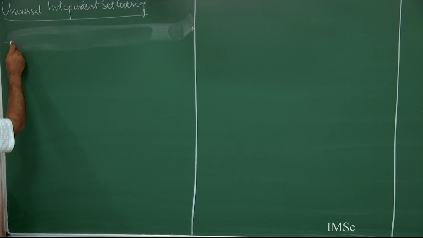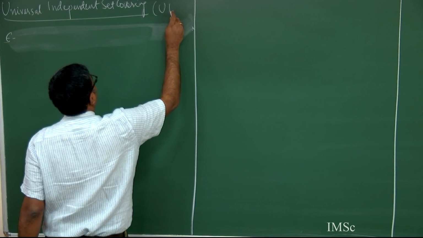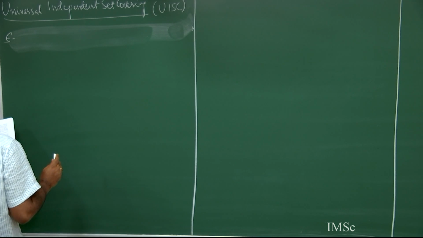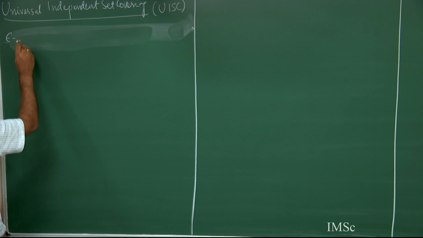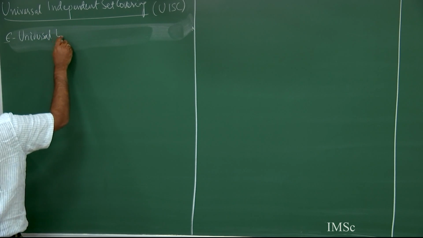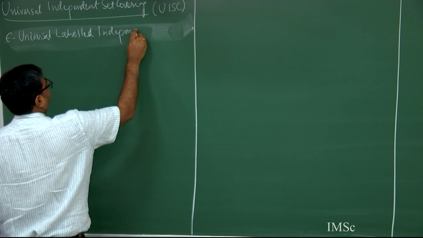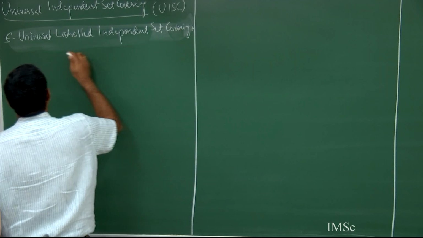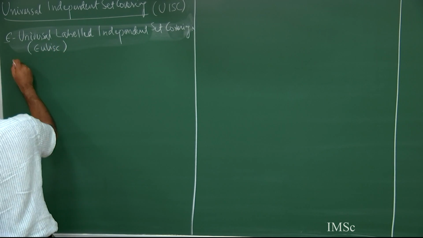I'm going to define a notion called universal labeled independent set covering. In short, I am going to write U-Lisk.